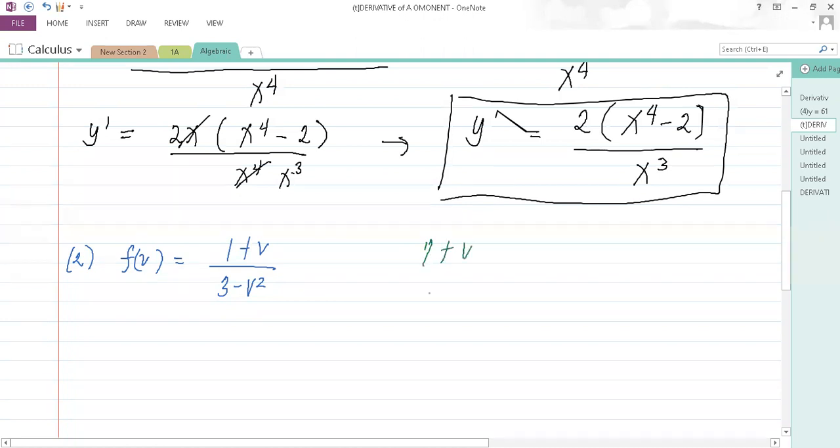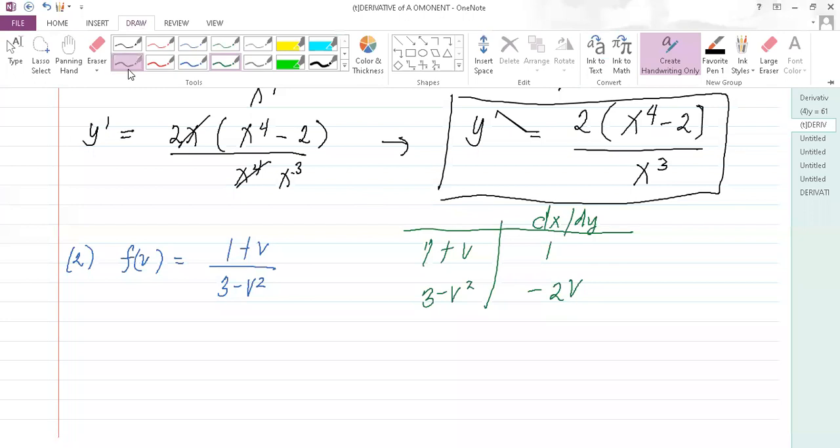So 1 plus v, that is for the numerator, and this is for the denominator. Okay, so we have 1 plus v, derivative niya is 1. Okay, so 3 minus v squared, ang derivative niya is negative 2v. Okay, so yan na yung magiging derivative ng each function.